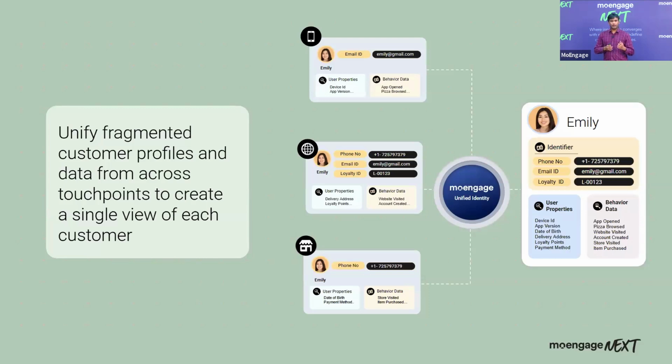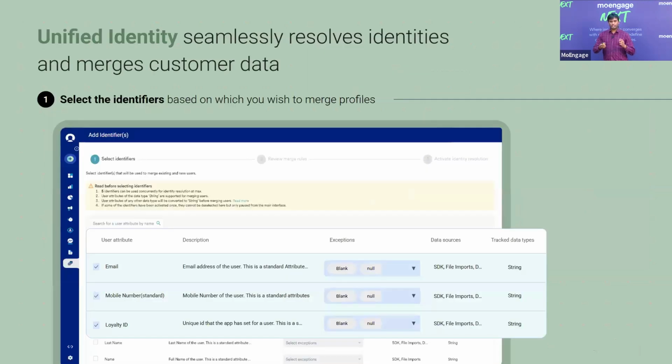So even if your marketing team is just uploading a list of email addresses, it would automatically resolve the customer identity and stitch it automatically.